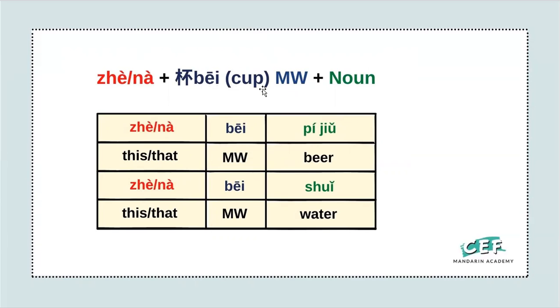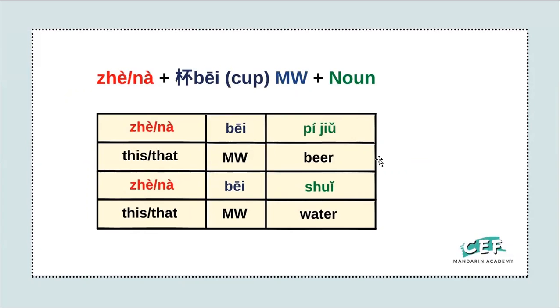is cup. So this cup of beer, the beer is in a cup, it is not in a bottle. So I say this cup of beer. Okay, so 这杯啤酒. I want to say that beer is in that cup.